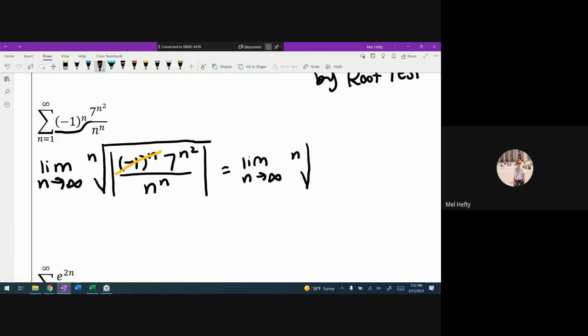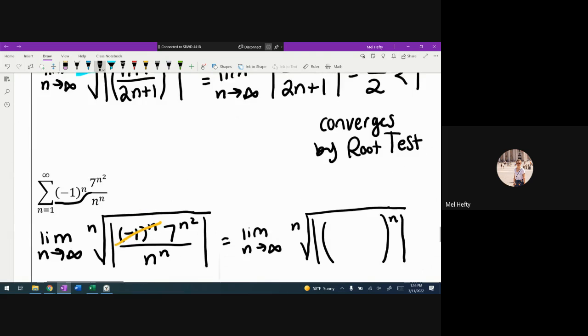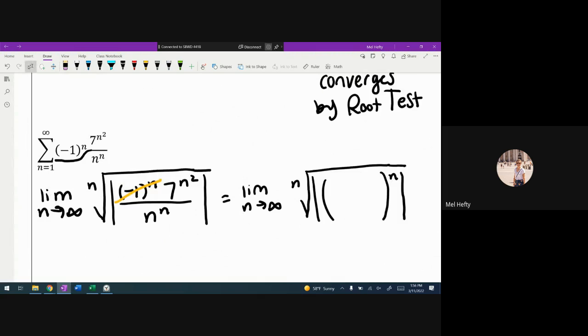Now this test was really easy when I had everything to the n power, like the last one that we did. So I want to get it to that space, so we have to break up our numerator and denominator. Anyone got claims for what goes in the numerator or denominator? Specifically with the 7 to the n.